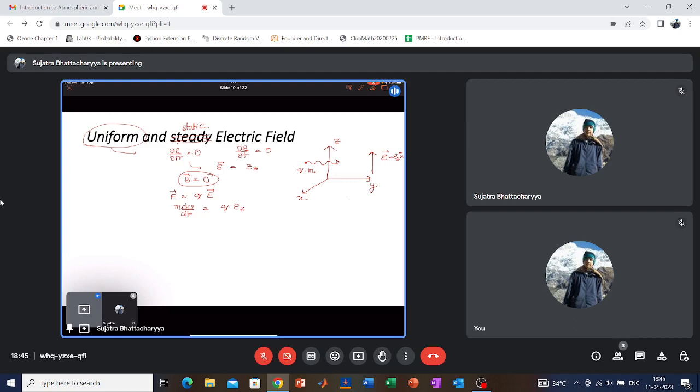Now we can write this into 3 components, the scalar components. So it will be m dvx dt equal to 0, m dvy dt equal to 0, and m dvz dt equal to qEz.